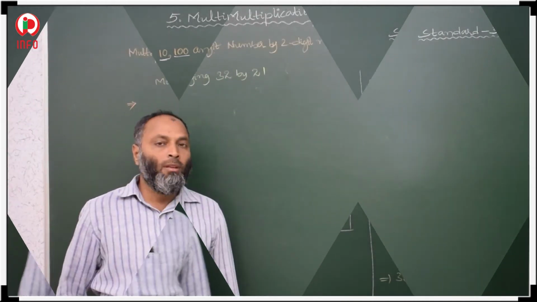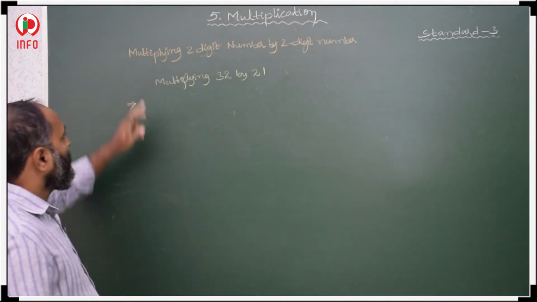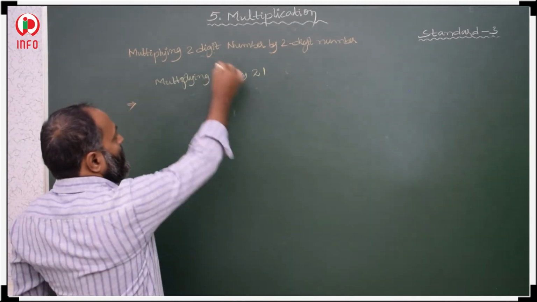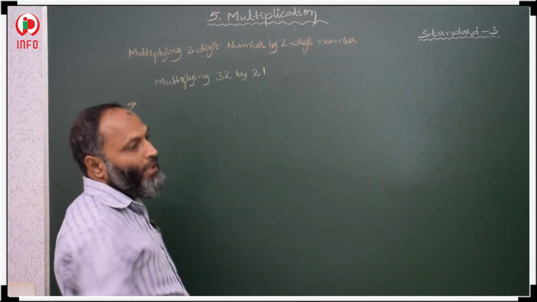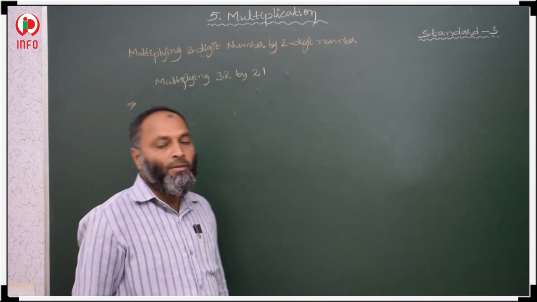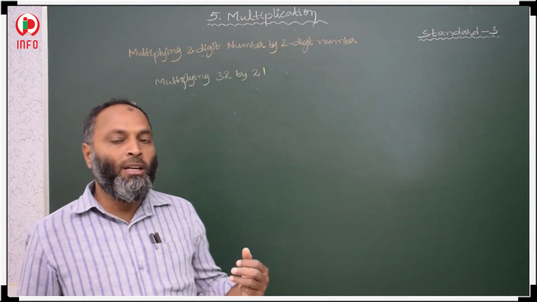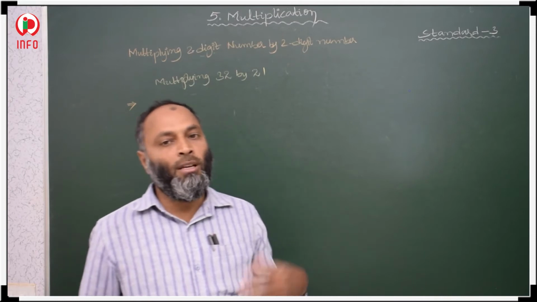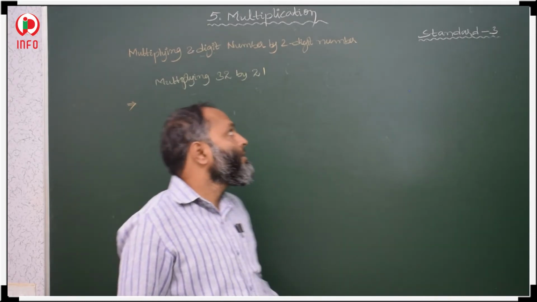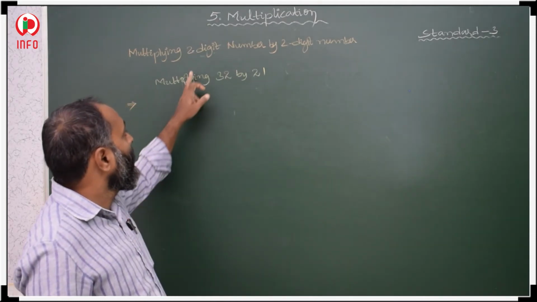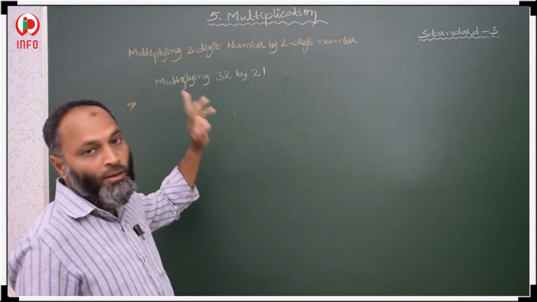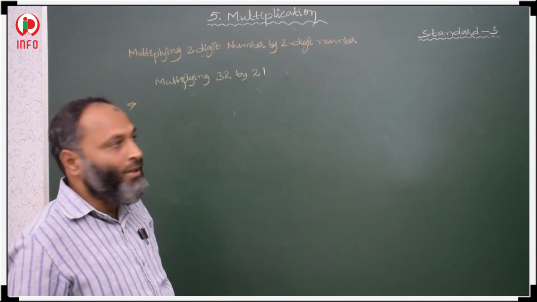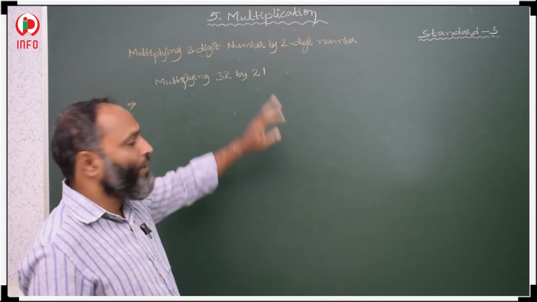Okay. Now here we are multiplying a 2-digit number by a 2-digit number. First we learned how to multiply a 3-digit number with a single-digit number. Now we are going to learn 2-digit number multiplication with a 2-digit number. Here 32 by 21 is given.